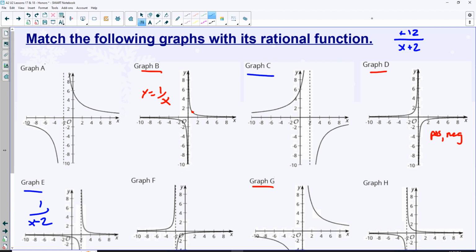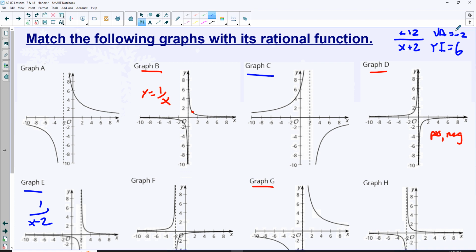Okay, so again, vertical asymptote. Where's this one? It is negative 2 because that would force the denominator to equal 0. Perfect. Okay, now, can we find a y-intercept? We can. If I plug 0 in for x, I'm going to get 12 over 2, which is 6.